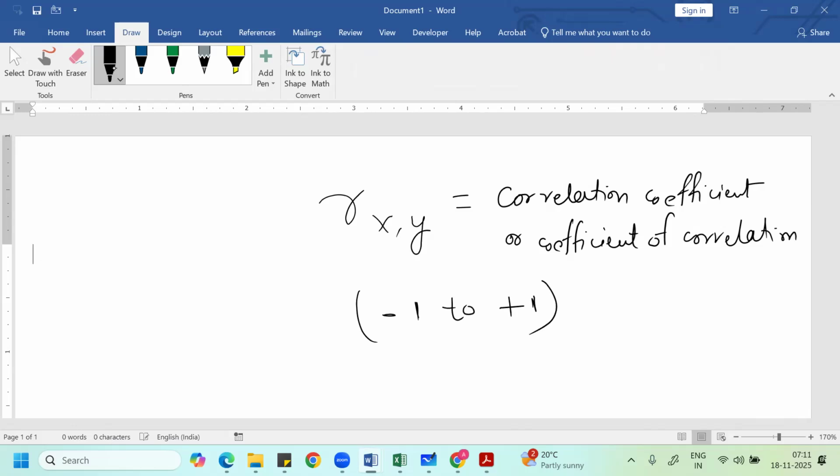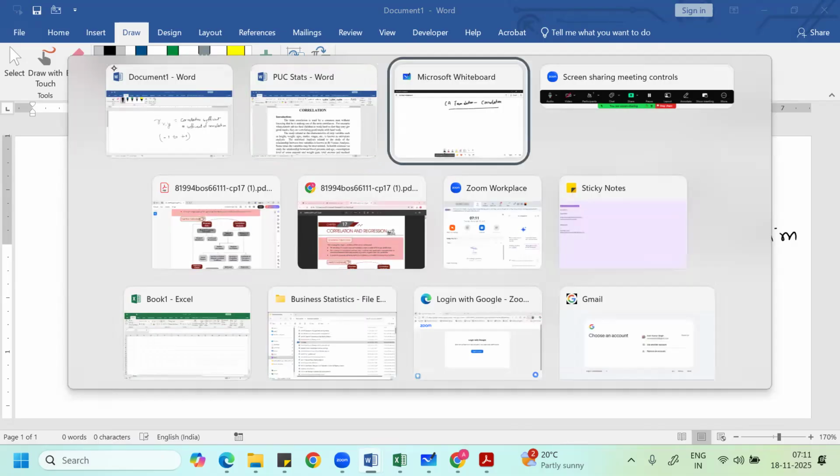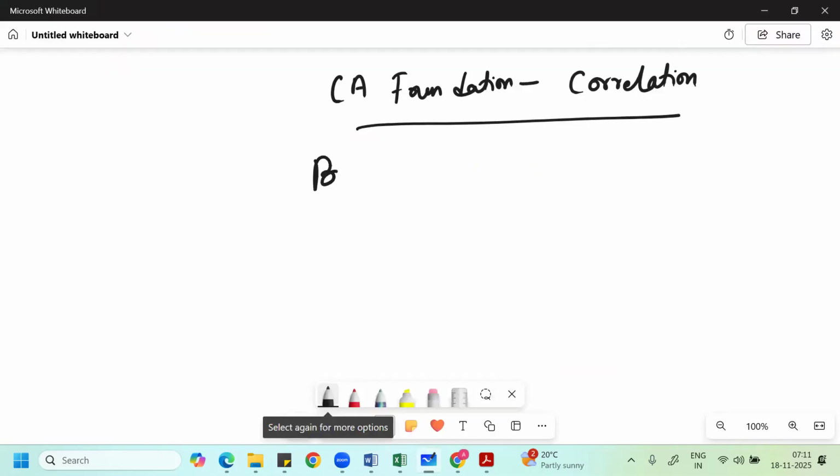Okay, so when we study correlation or regression, they are part of bivariate data analysis.